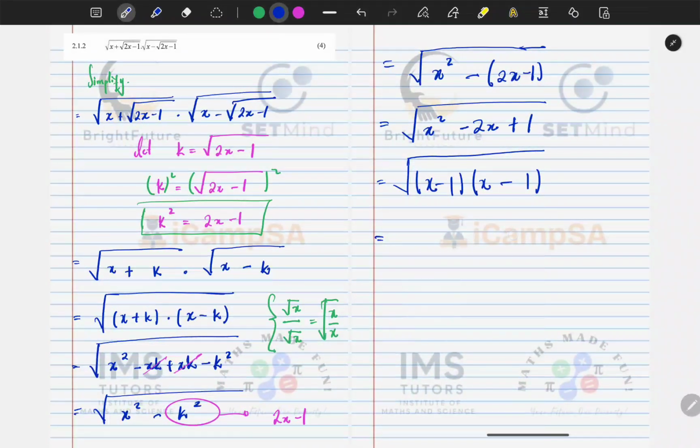So this is the same thing, it's literally the same thing, it's more like having the same base. If you think about it, you have x minus 1 times x minus 1, which is the same as x minus 1 squared.